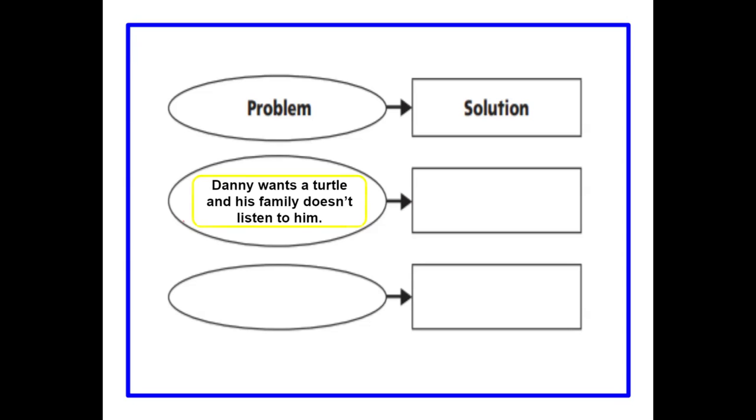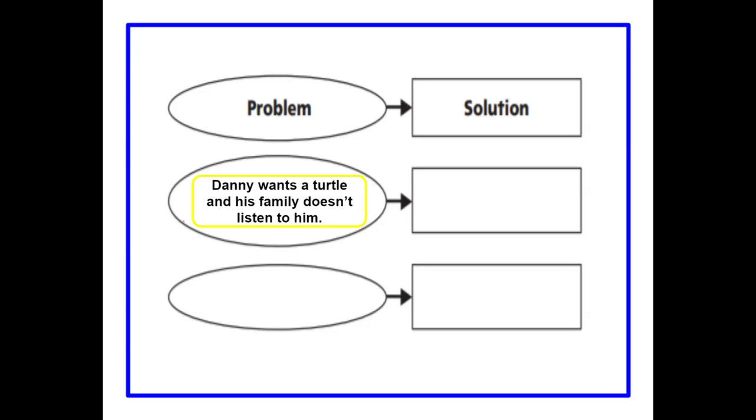Did you say Danny wanted a turtle and his family doesn't listen to him? If you said something close, you're exactly right. Danny, all he wanted was a turtle, but his mom, his dad, his brother, they all tried to give him a different pet.